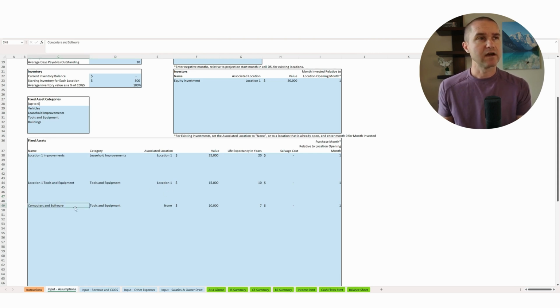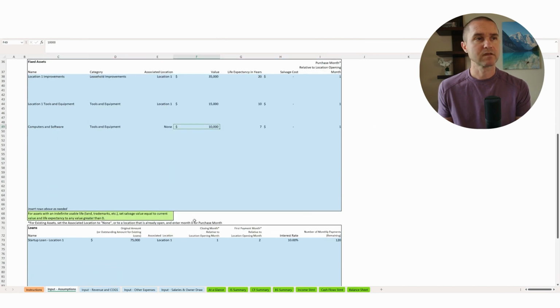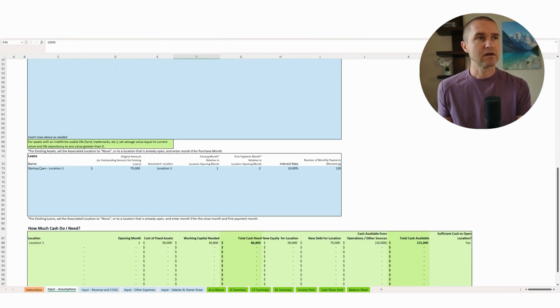And then we have computers and software tools. So let's say we also spend $10,000 on some computers for the business. And then we're going to look at getting a startup loan for this first location of $75,000 with a 10% interest rate over 120 months.